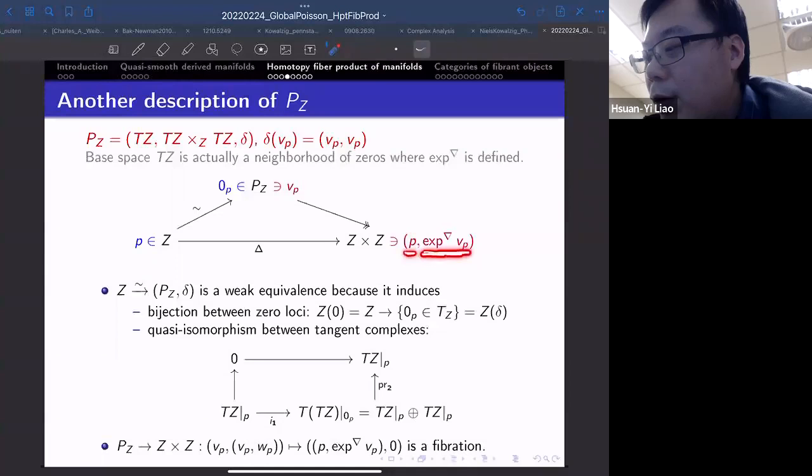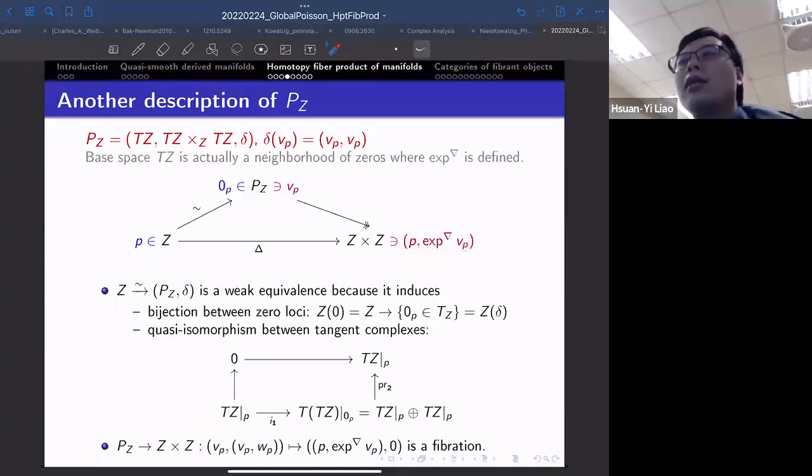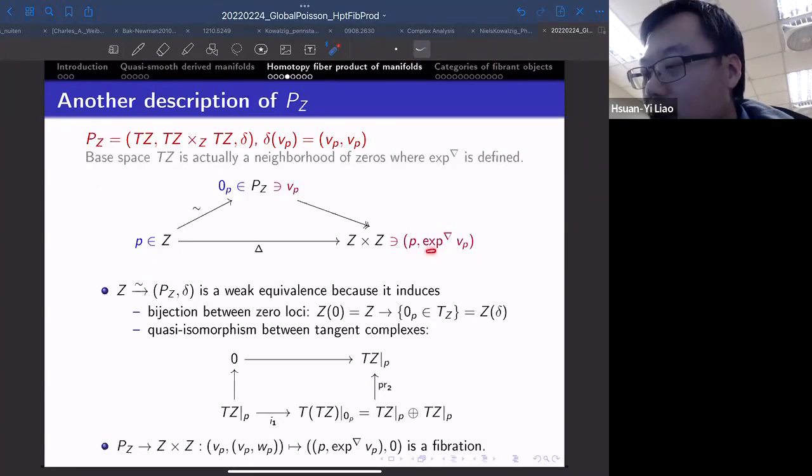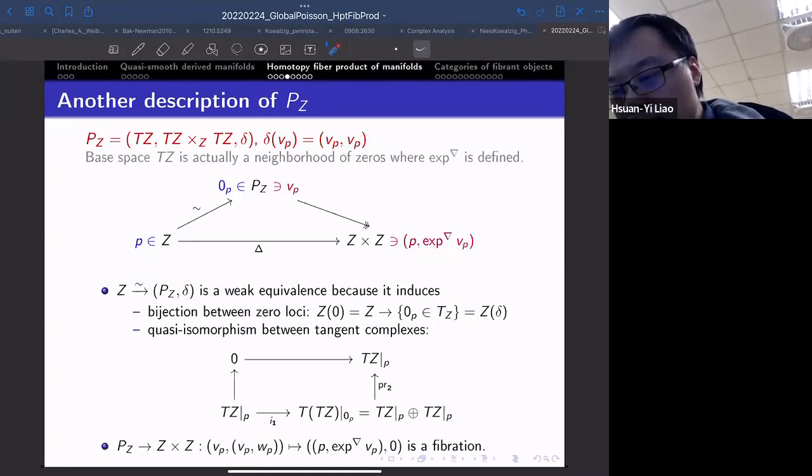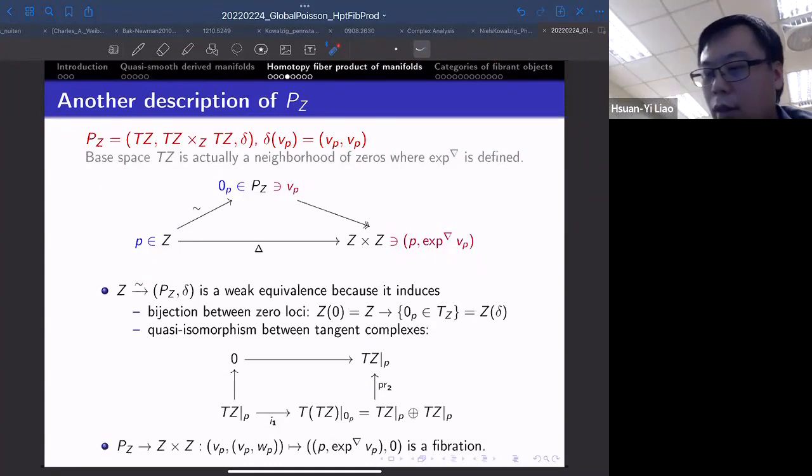And the second component is the exponential map. And because the exponential map is a local diffeomorphism, this is a submersion. With this description, the vector bundle structure becomes very clear, and you can really do computation.